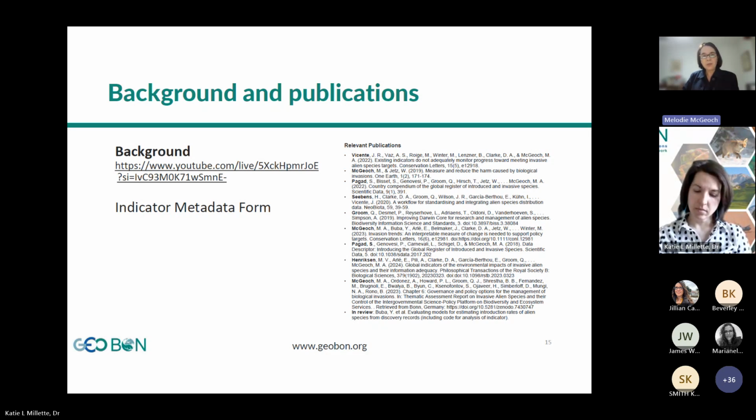Perhaps one point I didn't make sufficiently clear in the presentation is the data that we were working with, which again is defined in the table, is invasive alien species data, where an invasive alien species is defined as a species present in a country that has recorded evidence of impact either in that country or anywhere in the world.